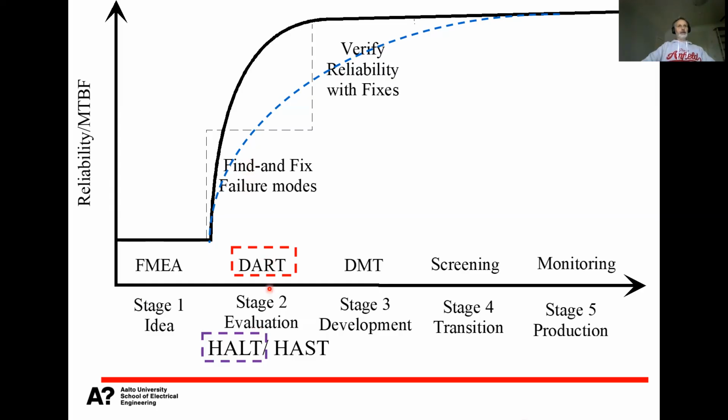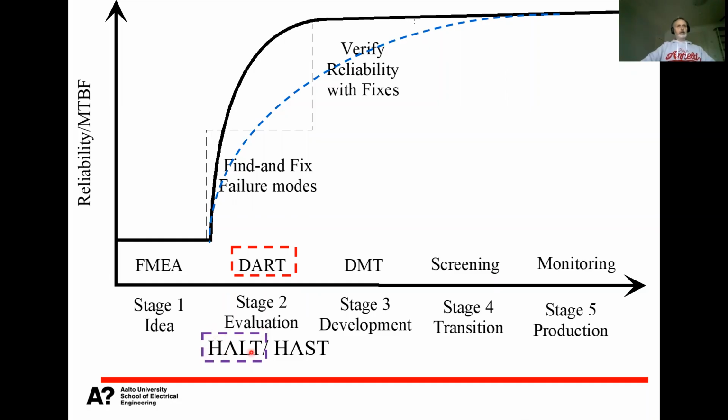Here we have different tools, and today we'll concentrate on so-called HALT, highly accelerated life testing. Sorry, there are quite many of these acronyms, but electrical engineering and reliability are full of acronyms. So it is good to at least know what these are.